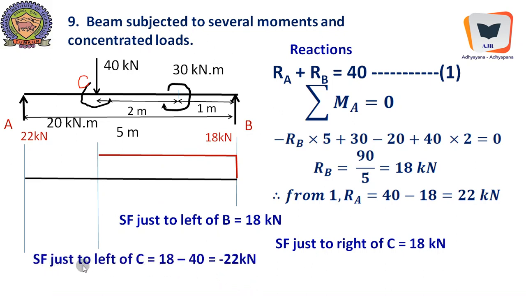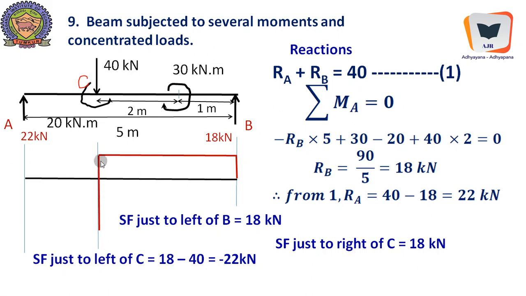And once again, SF just to the left of C, when we cross this, the 40 will get negated because it is downwards. So 18 minus 40 equal to minus 22. So the diagram takes a downward trend, and this is 22 kilonewton, this is 18 kilonewton.